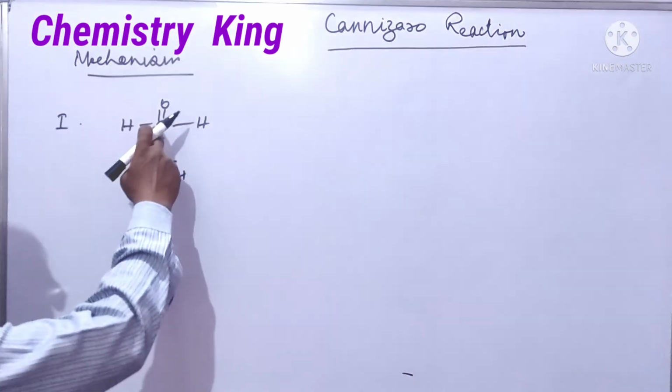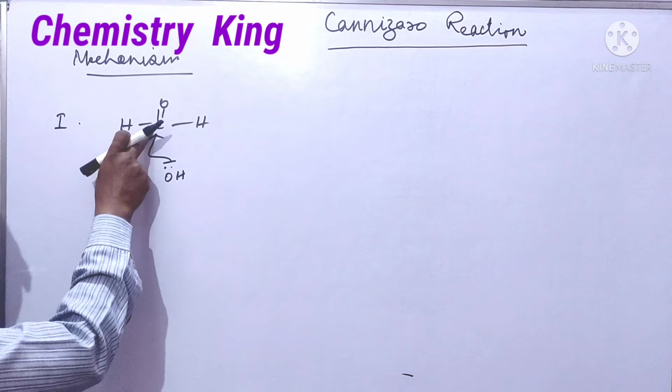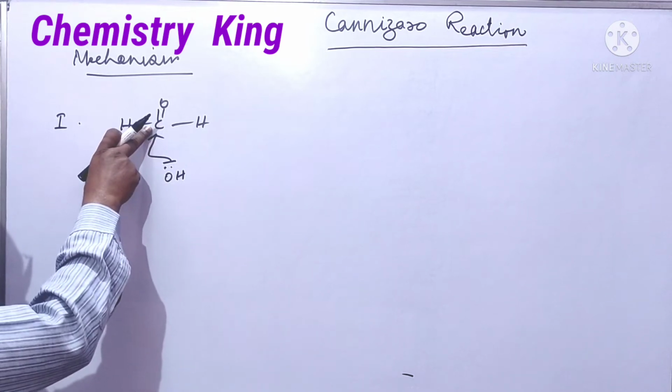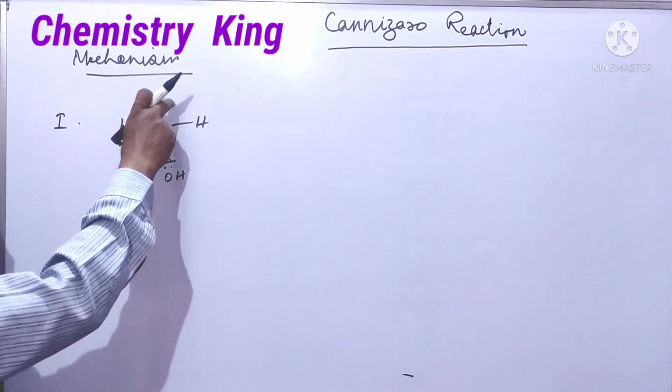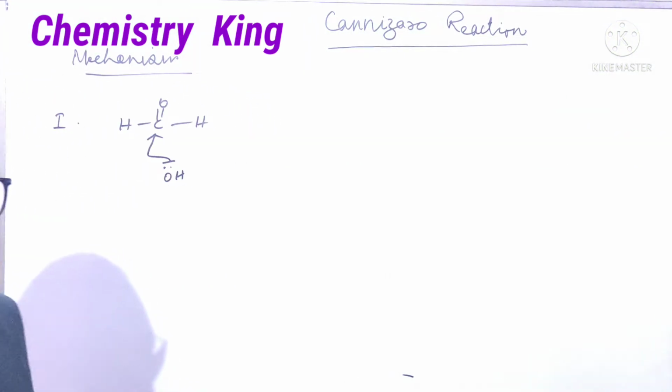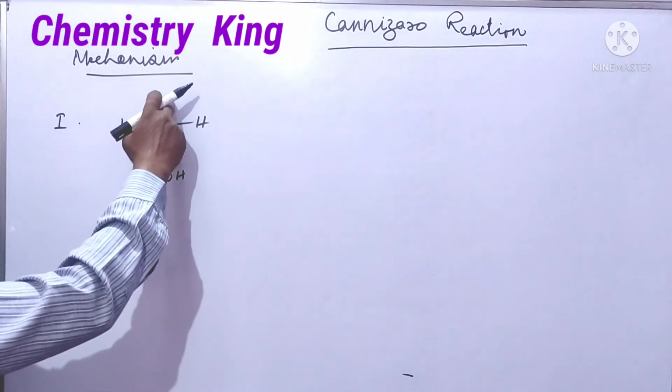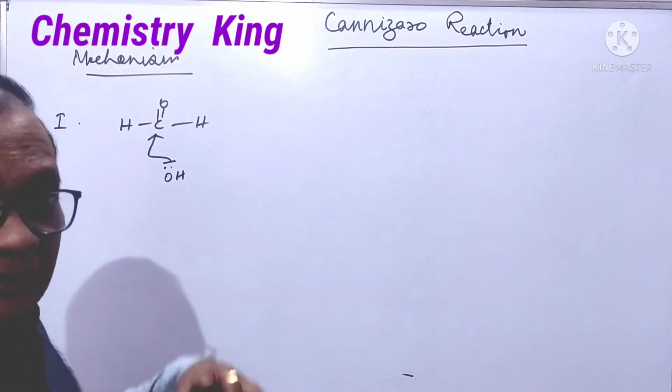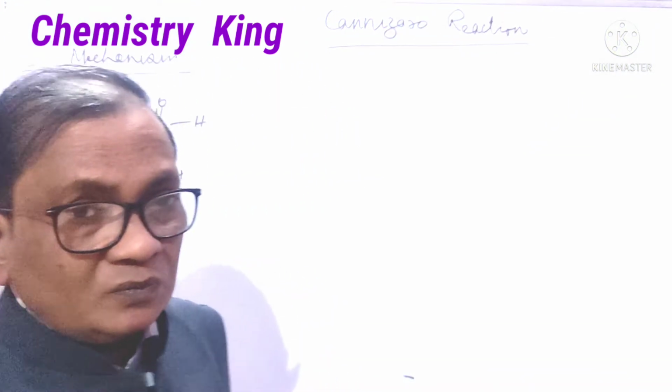Friends, this is the carbonyl carbon and delta plus charge is here because this carbon is attached with oxygen. Oxygen is the second highest electronegative element, and also this oxygen is doubly bonded with carbon.